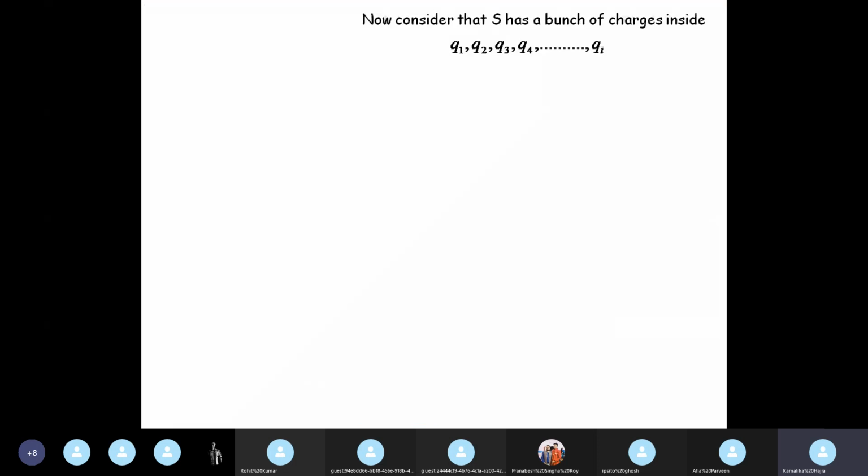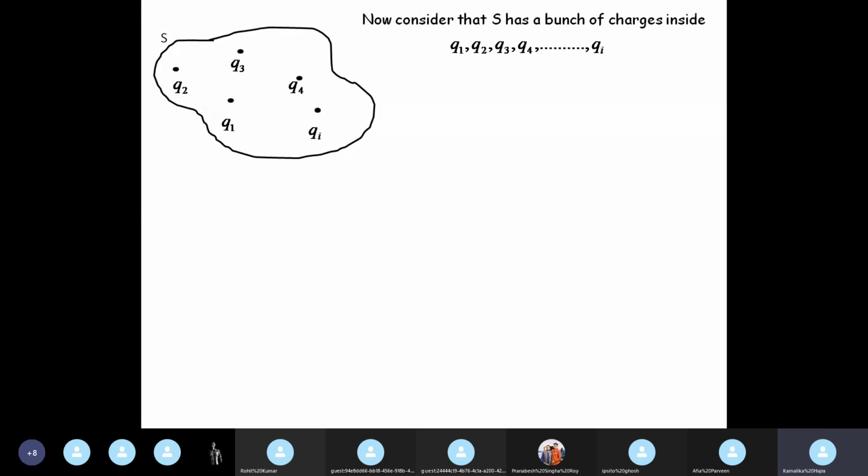So now consider that S has a bunch of charges inside of values Q1, Q2, Q3, Q4, etc., Qi up to Qn. N can be any number. So that same surface S enclosing the volume V, but now we have several charges. This can go on, whatever be the number of charges inside.